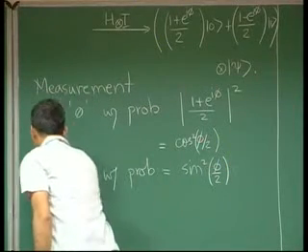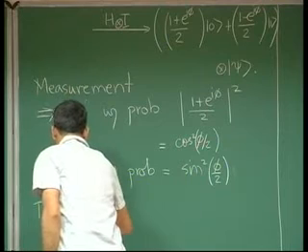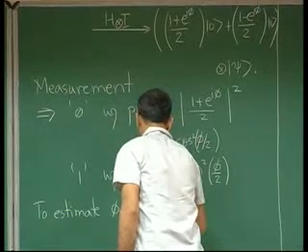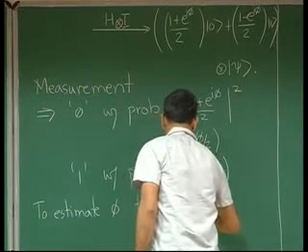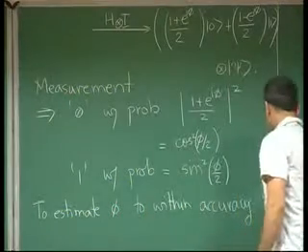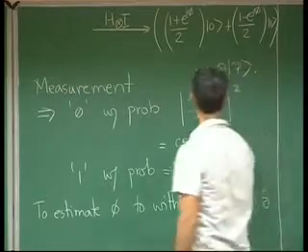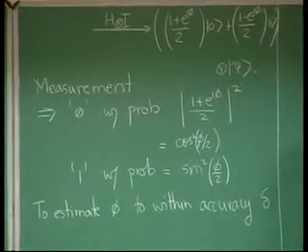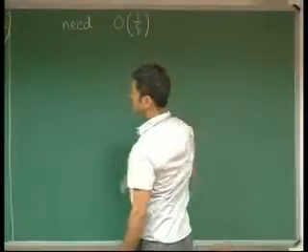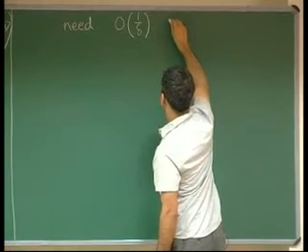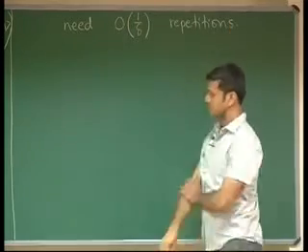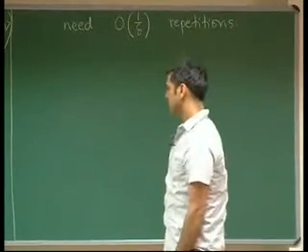And the fact is that to estimate φ to within accuracy δ, we need something like order 1 over δ repetitions.